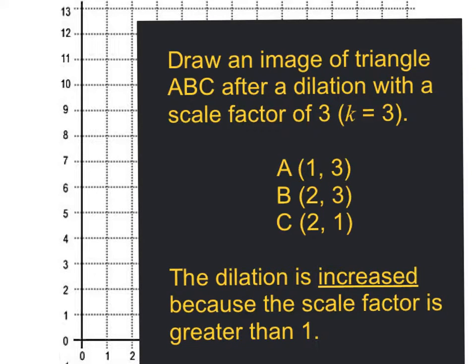The first image we're going to look at is triangle ABC, and we're going to dilate that by a scale factor of 3. So the first thing we'll need to do is to plot our points.